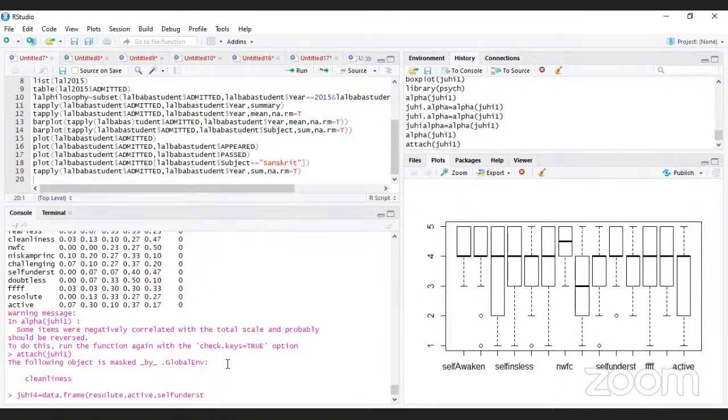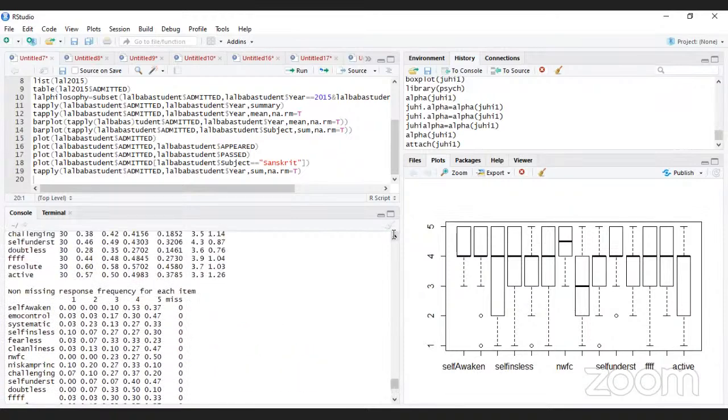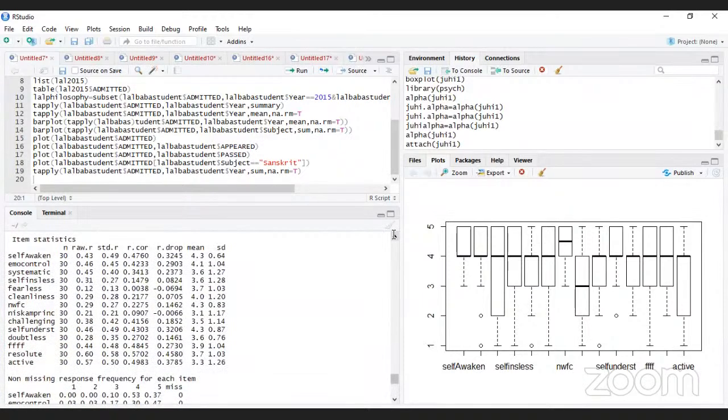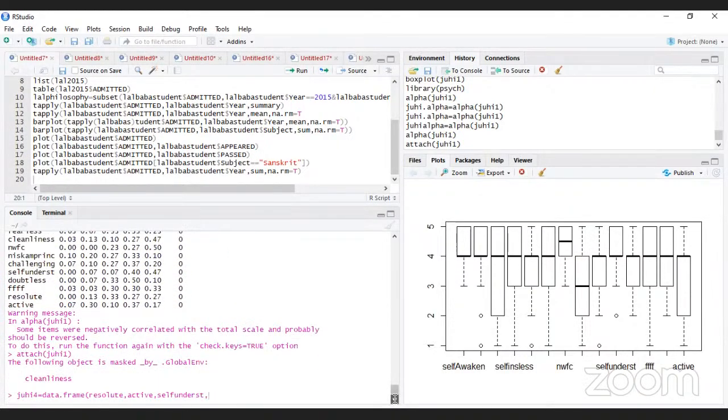So that is the variable. Another one? Emotional control. Are you sure? That's what Mona Lisa posted in the chat, sir. Yes, this is the 0.46. Okay, so we can take emotional control. That means the item-total correlation is high here.